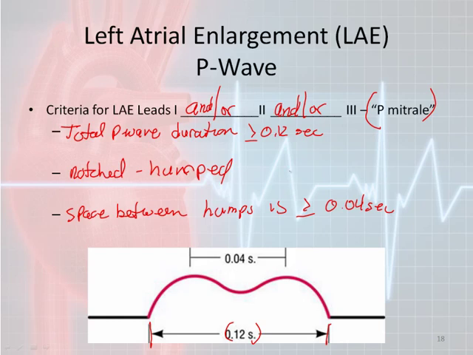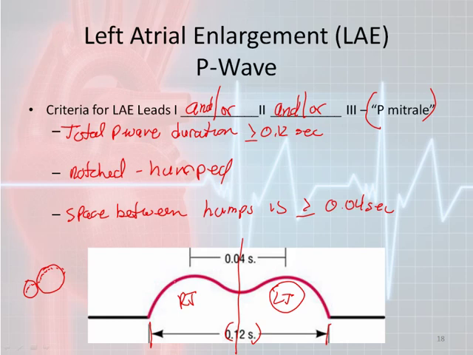Now this is only going to be in leads 1 and or 2 and or 3, but once again you can take your line and you can draw it right down the middle of the P wave. That is your right atrium depolarizing. This is your left atrium depolarizing. Because you actually have a larger left atrium, as the depolarization gets over here, it takes longer to depolarize the left atrium.